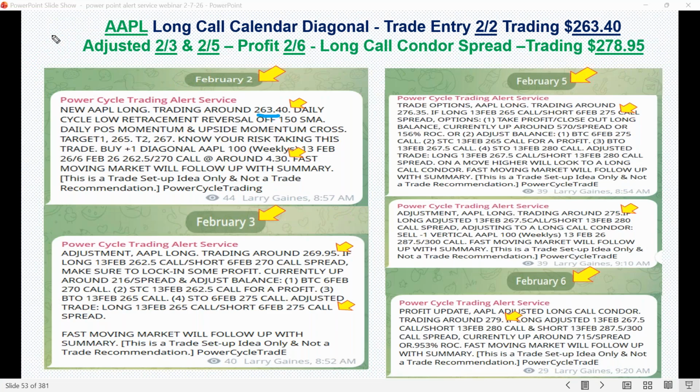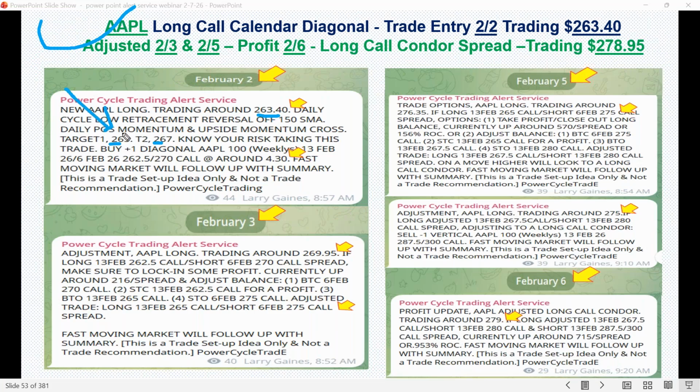Okay, so this was a daily cycle low reversal like that, right? And with upside momentum cross, we had a momentum cross upside, which is a really confirming momentum indicator I use. And I give you the first targets, 265, 267. I say, know your risk taking this trade. And so the initial trade setup was this.